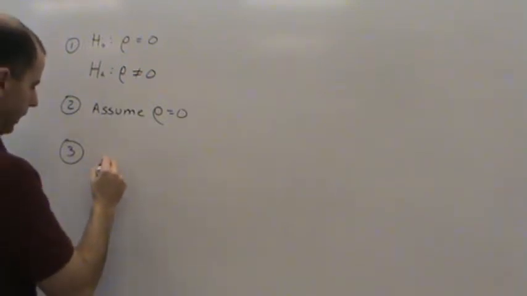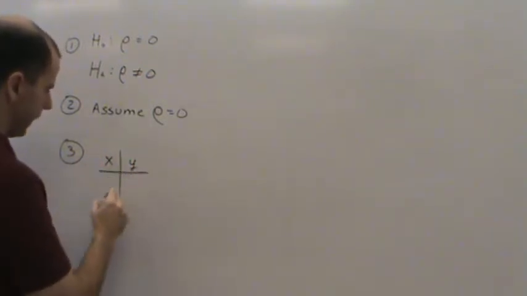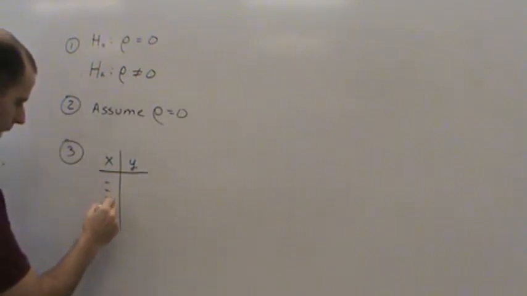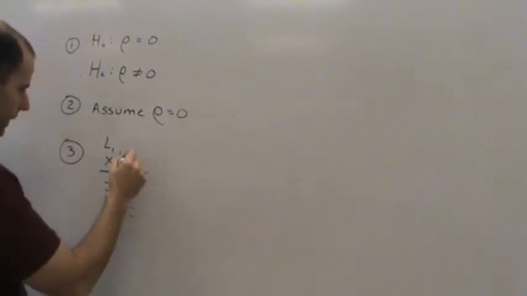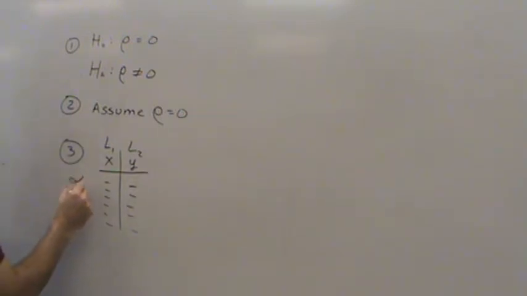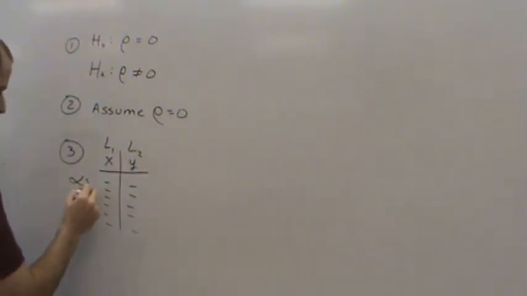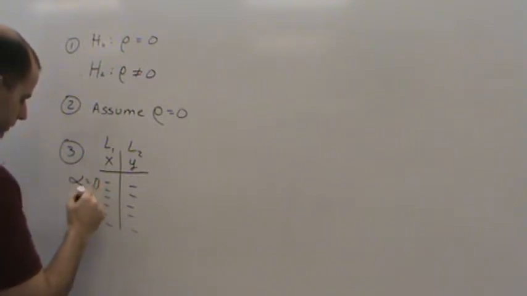So we're going to have our x data and our y data. We're going to put our x data here, and this is going to go into list 1. We're going to put our y data here, and this is going to go into list 2. And then we're going to have our alpha level. Now our alpha level will only be 0.01 or 0.05 for these.